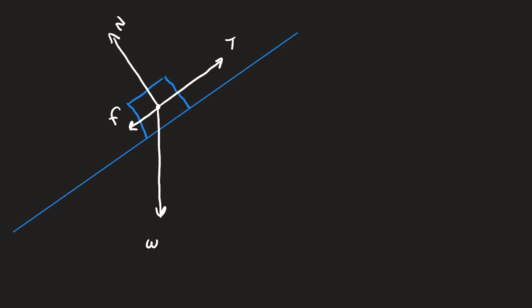Step 2, make a decision about your coordinate system. That's the coordinate system I'm going to use. I'm going to choose this way to be positive and this way to be positive. I'm going to take any off-axis force and break it up into components.